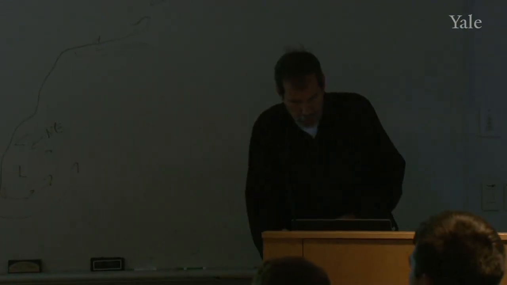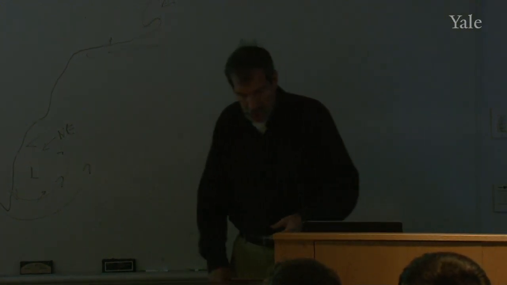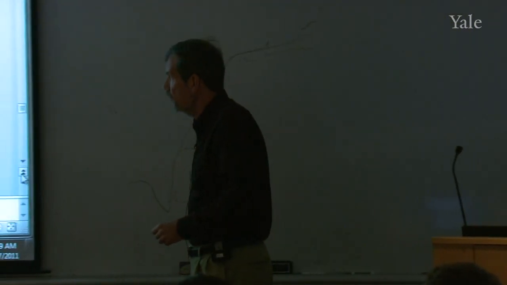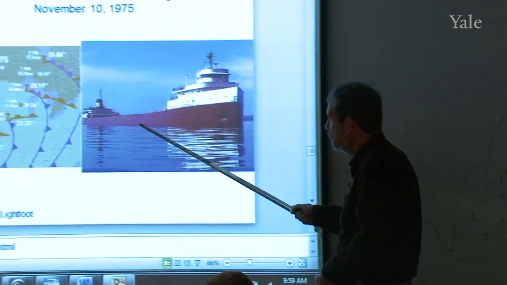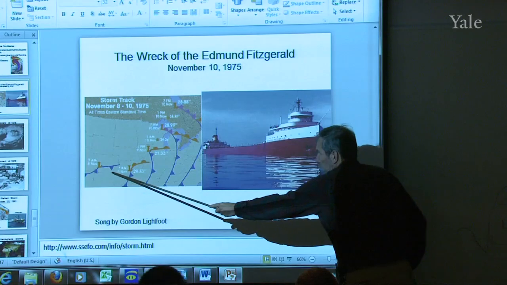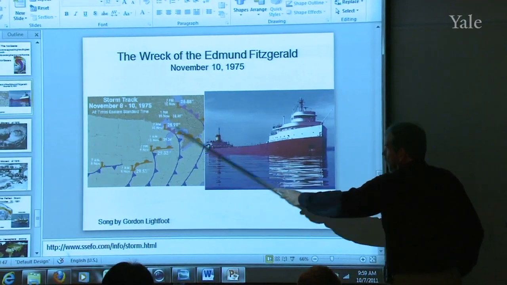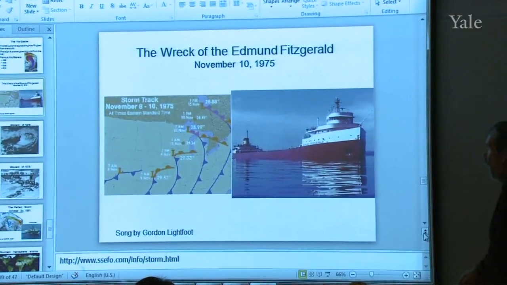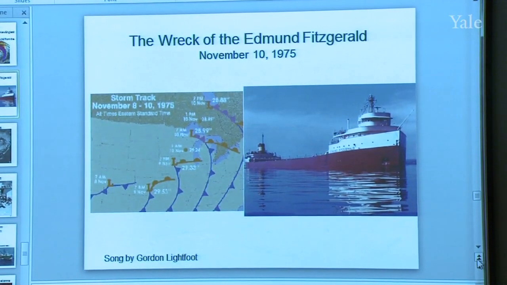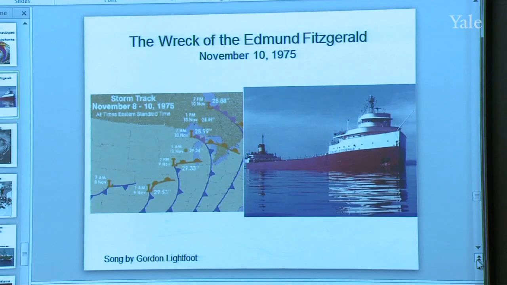So a lot of famous storms. The wreck of the Edmund Fitzgerald was a big tanker ship in the Great Lakes. And along came a frontal cyclone, you see it drawn here, back in 1975, that developed waves so great on the Great Lakes that this ship broke apart and sank. Quite a thing at the time.